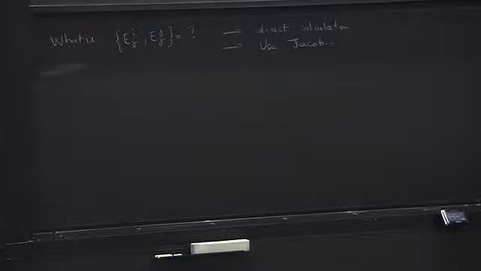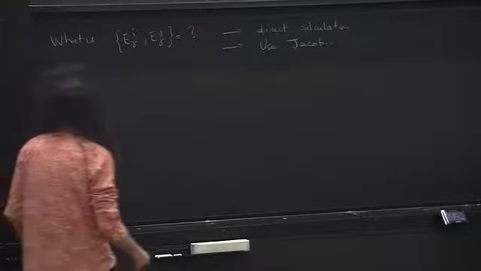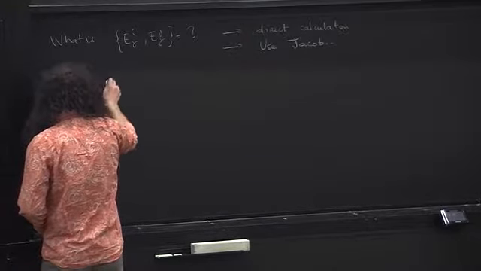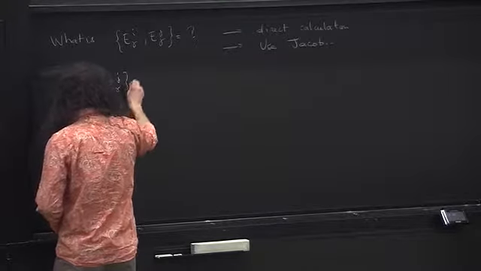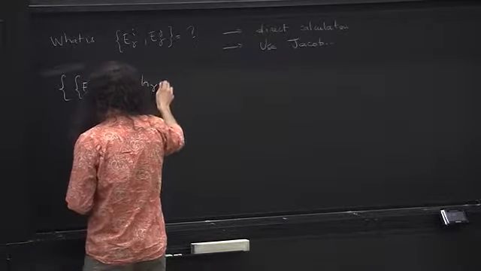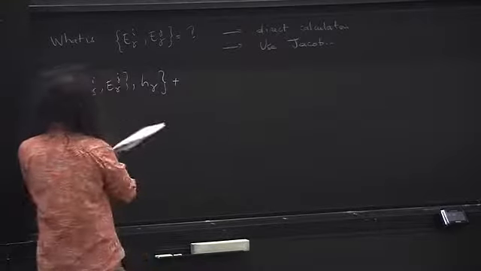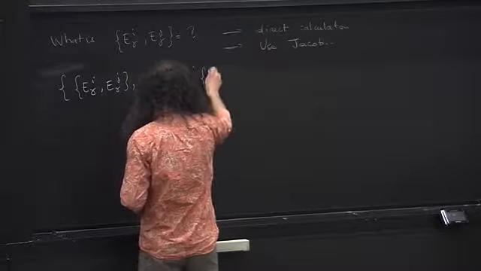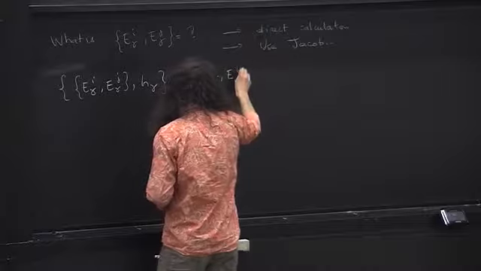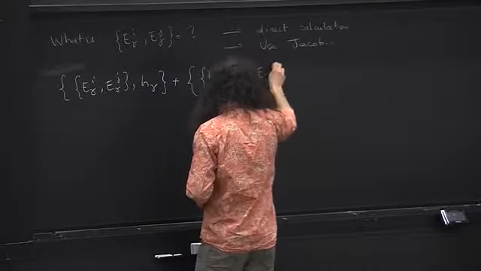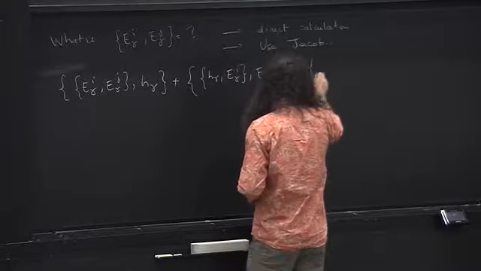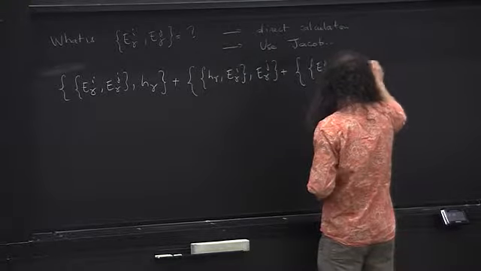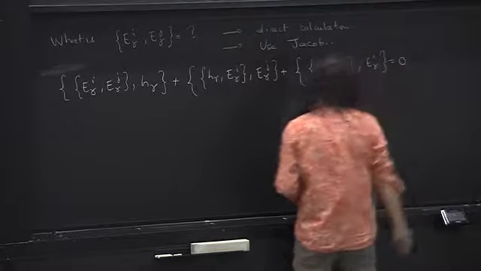In the case we're interested in, it reads {{E_γ^i, E_γ^j}, h_γ} plus the cyclic permutation, so {{h_γ, E_γ^i}, E_γ^j}, plus {{E_γ^j, h_γ}, E_γ^i}, equals 0.